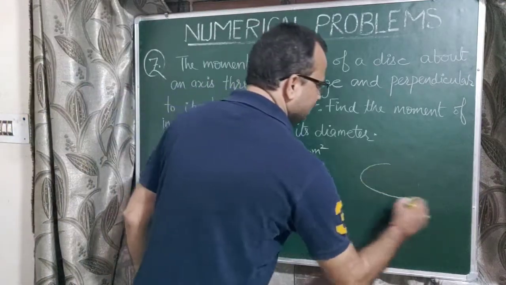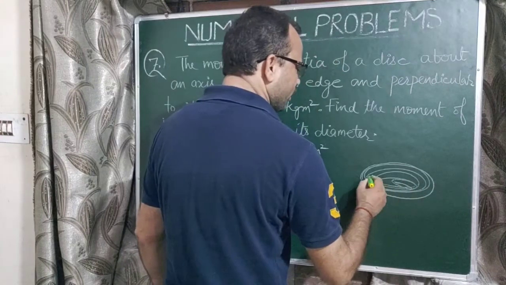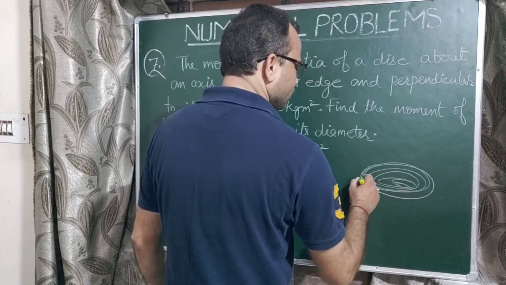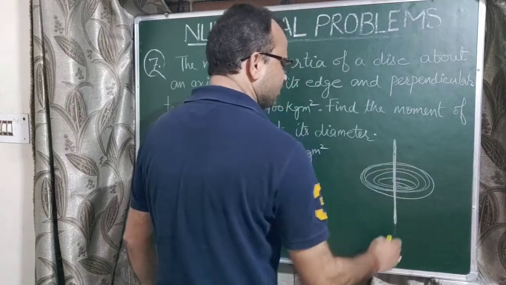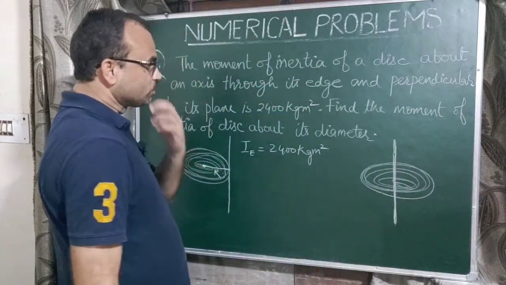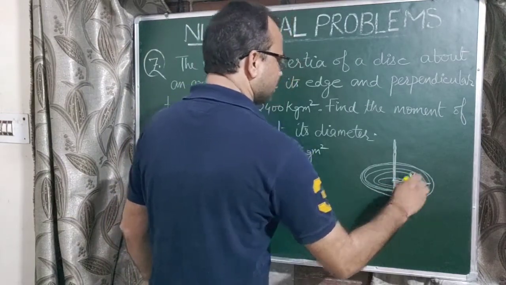So now see the other figure, this is the same disk, we have to find the moment of inertia about this diameter. Radius is also given, r.